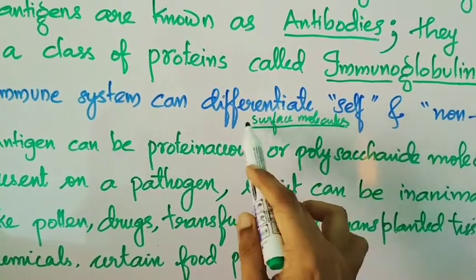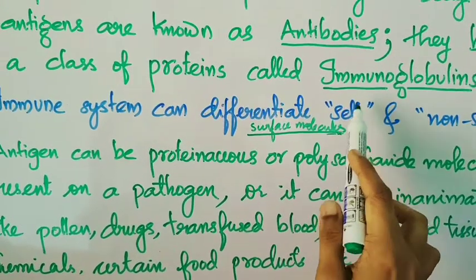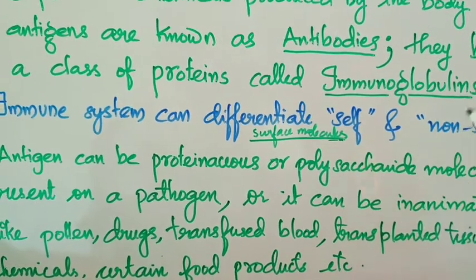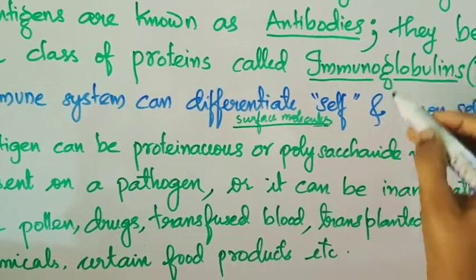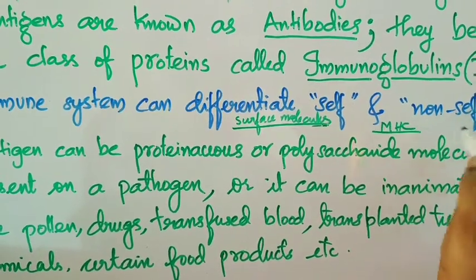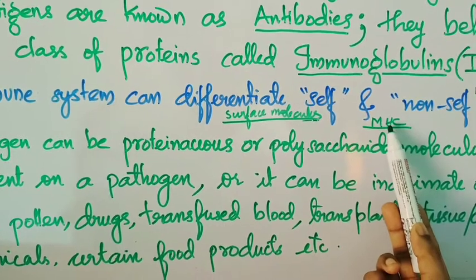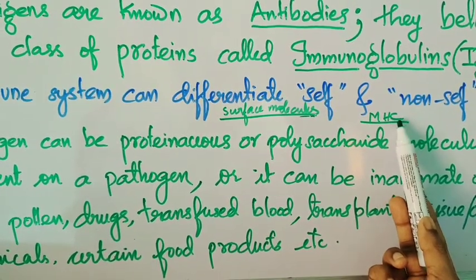Surface molecule. One important surface molecule which enables the immune system to differentiate self and non-self cells, which is of importance here in your textbook, is MHC molecules. MHC, Major Histocompatibility Complex.